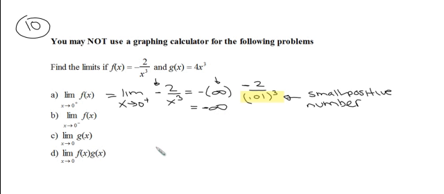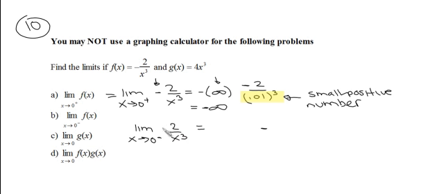So now the limit of f of x as x approaches 0 from the left. Okay, so once again, now I want to choose a number to the left of 0.